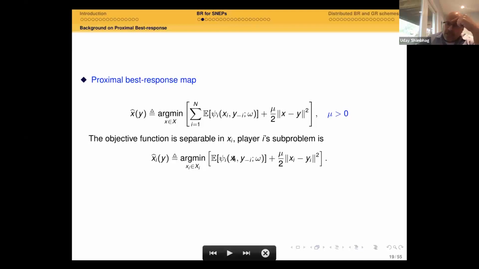If you assume that this part is convex, it means the overall part is a strongly convex expectation valued objective. That's still challenging to address, and unless you have extremely strong assumptions, you cannot get a solution to this in finite time. So your only hope is to use an approximation.